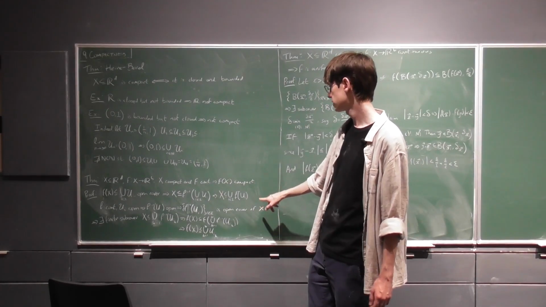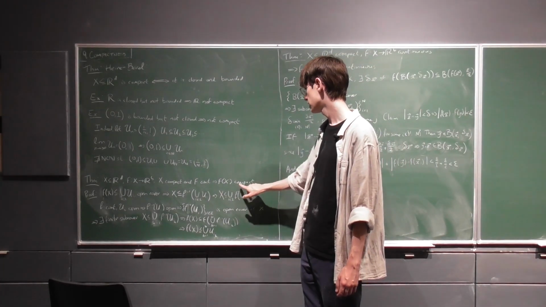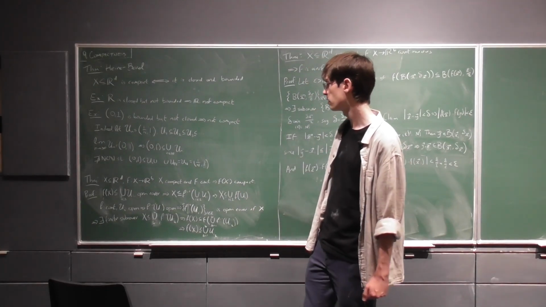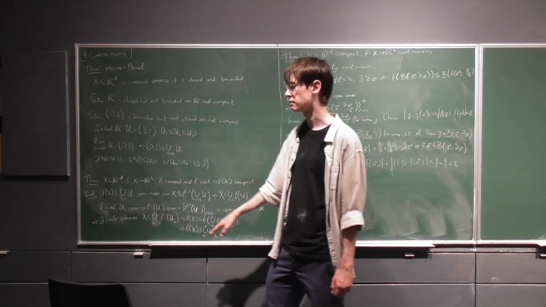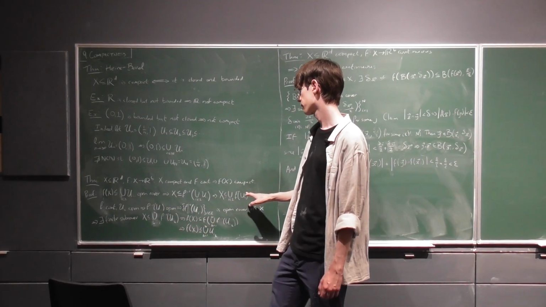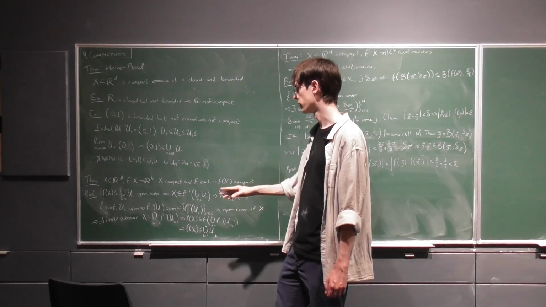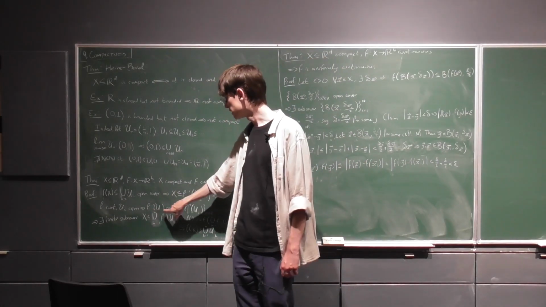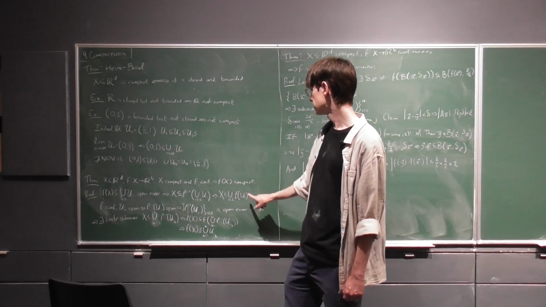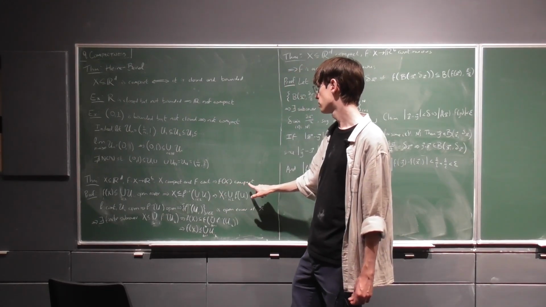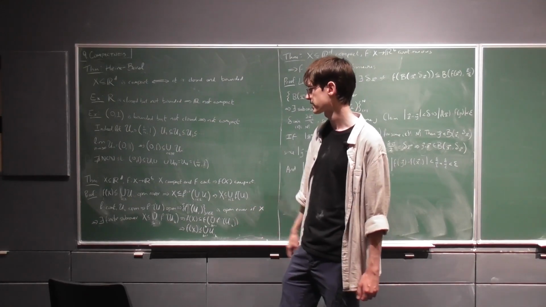Because f is continuous, each one of these sets, the pre-image of U_i, is open because U_i is open, and continuous maps take pre-images of open sets to open sets. So each one of these is open. That means that since this is an open cover of X now, it has a finite subcover because X is compact.